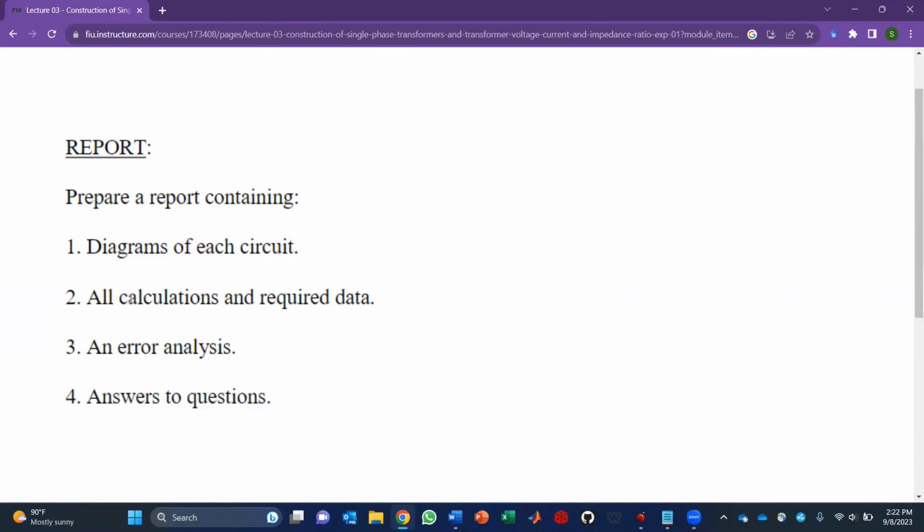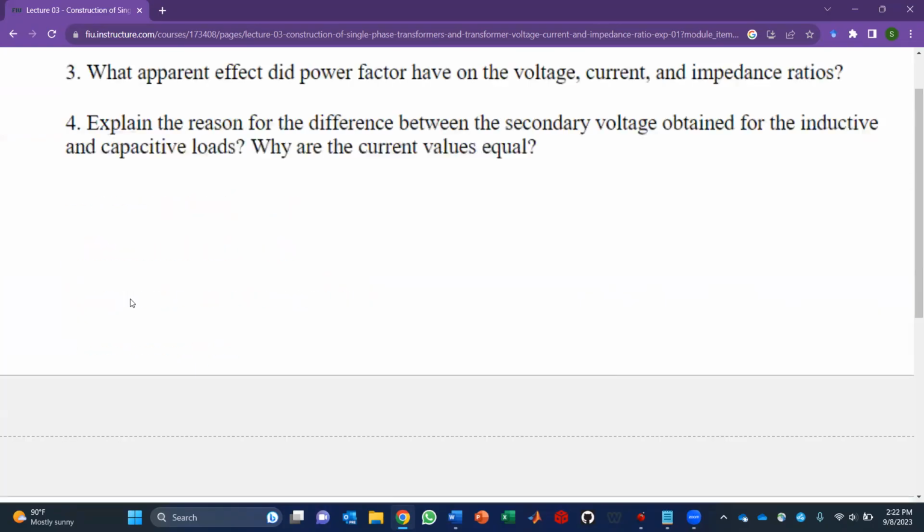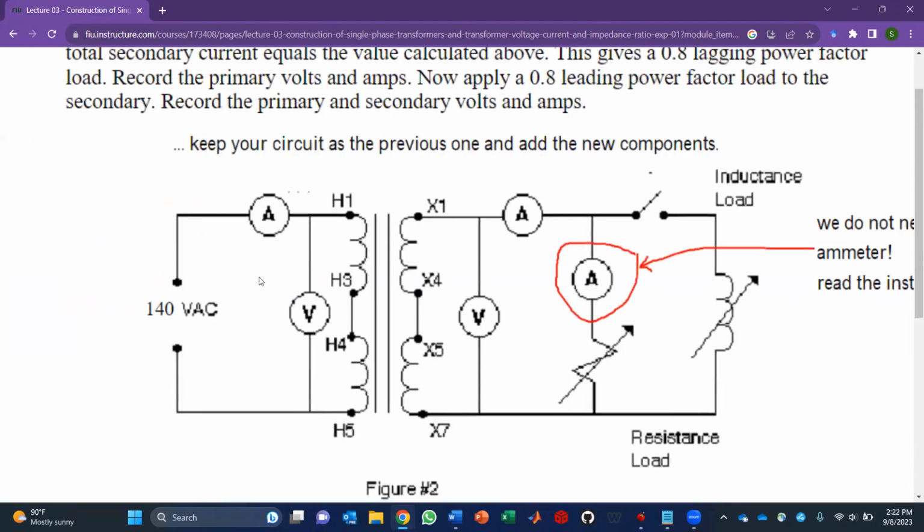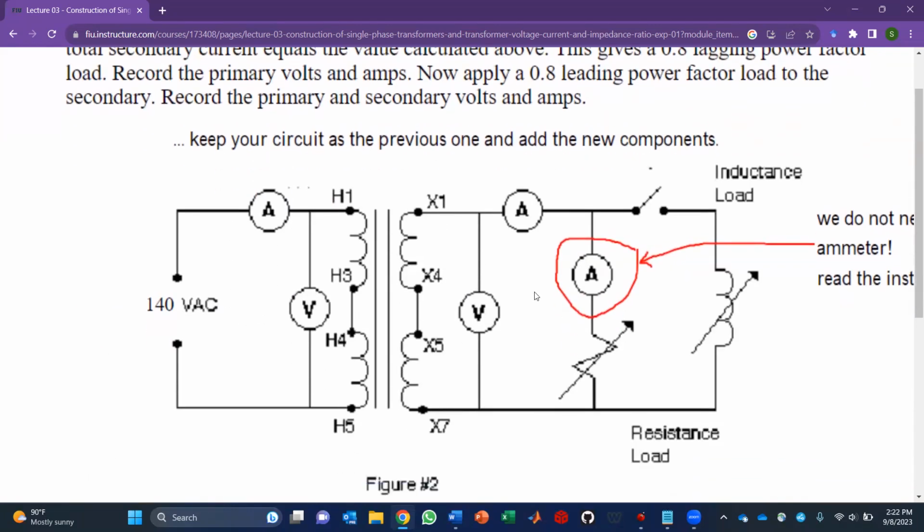The table will have supply voltage, supply current, so two, and power of the primary side, power factor of the primary side. You will need to calculate the impedance of the primary side. Then you need to measure.